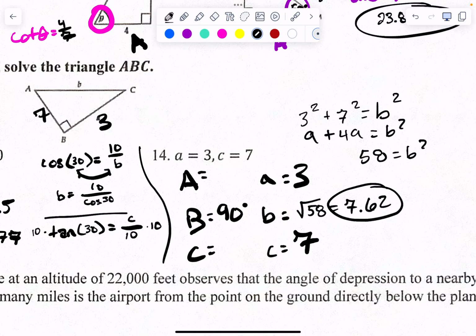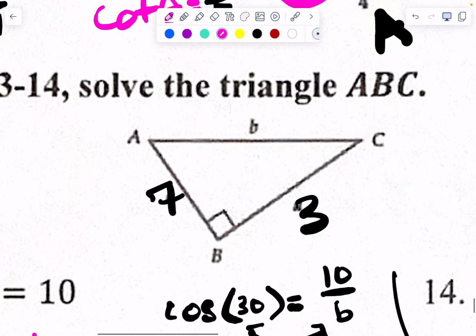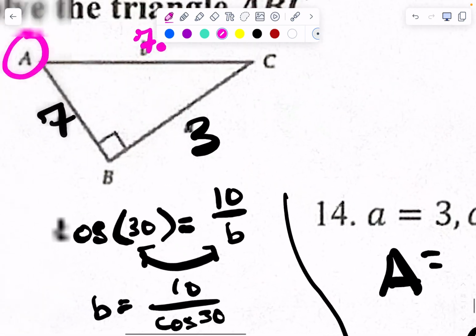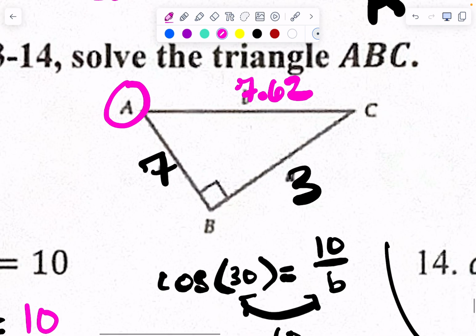Now would you want to solve for A or C? Let's go A. I know this is 7.62. Which two sides do you want to use? The side we didn't round on, the two that we were given. So we have to use opposite and adjacent, and not this one, because we rounded that.